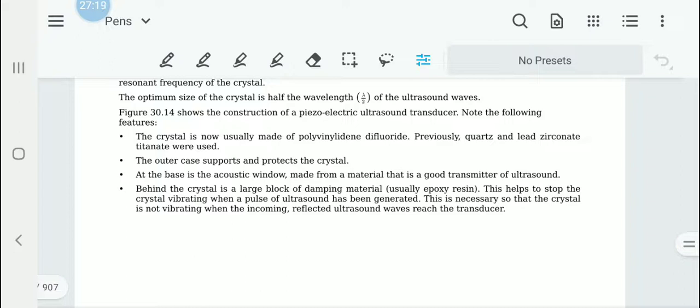Many developments have been done to maximize the accuracy of ultrasound scanners.